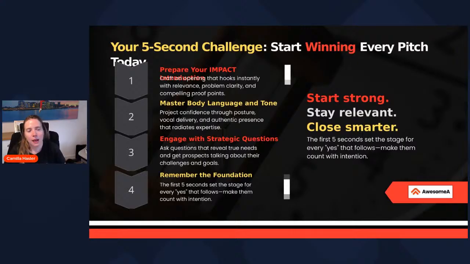So here are some of the things you want to do. You want to prepare what I call your impact opening and introduction. You want to hook your prospect instantly with relevance, problem solving, and clarity. And you want those compelling proof points, right? And then you want to master the body language and the tone, so that you project more confidence ultimately through the posture that you use, the vocal delivery, all of those great things.